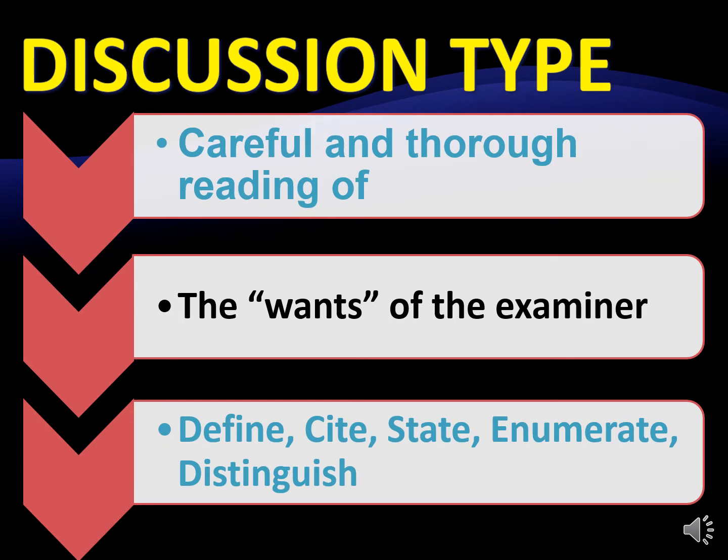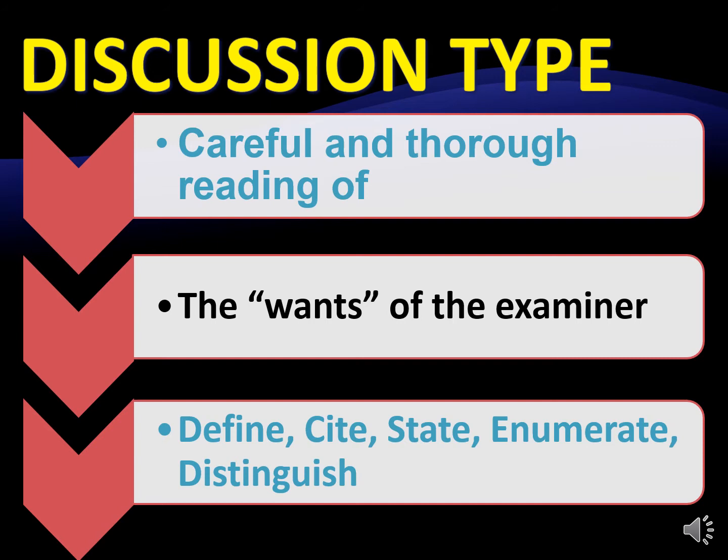He's not asking you for that. Neither is he asking you for the exact citation, including the GR number and date of promulgation. What he's asking is for you to state the doctrine involved, the essence of the law involved, and not cite the case. But if you could cite the case, just the title or the article number, then well and good, you'll be able to impress him.